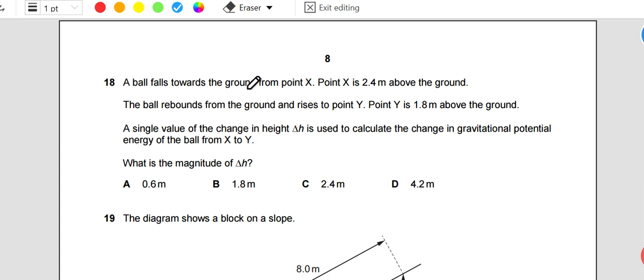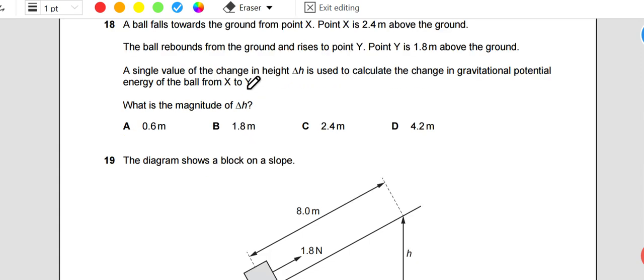A ball falls towards the ground from point X. Point X is 2.4 meters above the ground. The ball rebounds from the ground and rises to point Y at 1.8 meters above the ground.